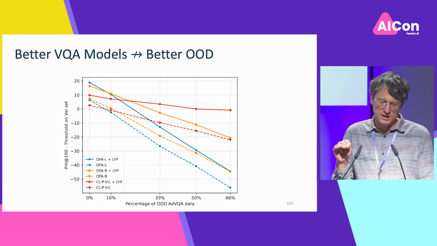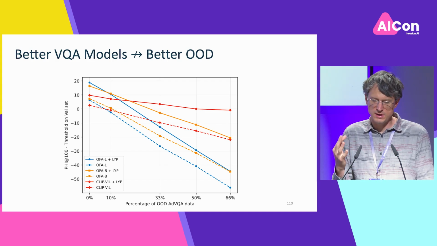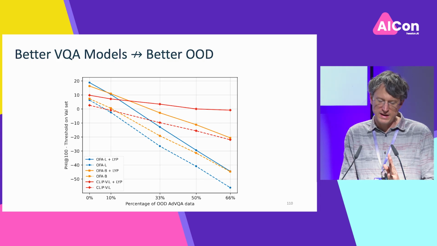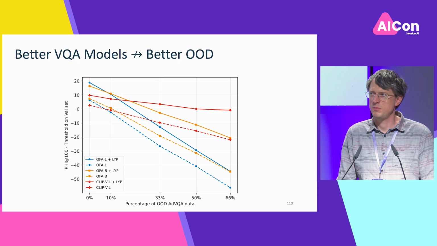Also, there's a zero line, so things below zero are basically not really useful anymore. So we see with higher OOD percentages, models become really not operable or useful for this task.